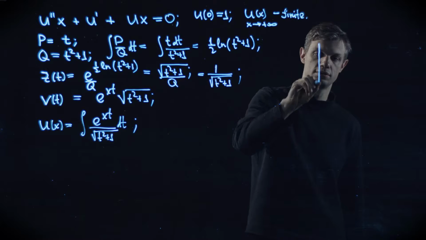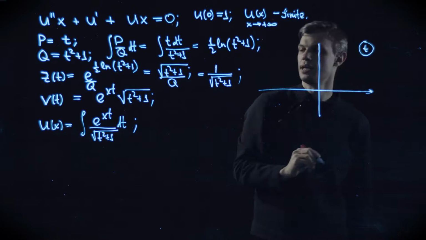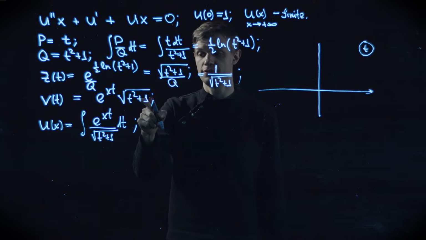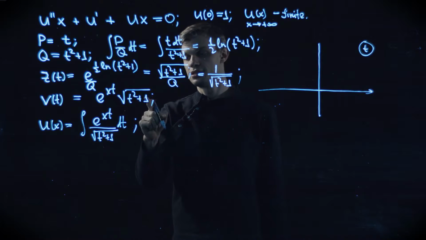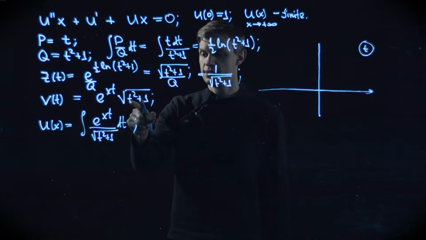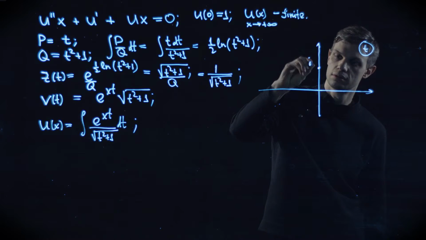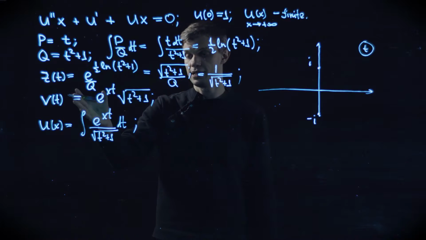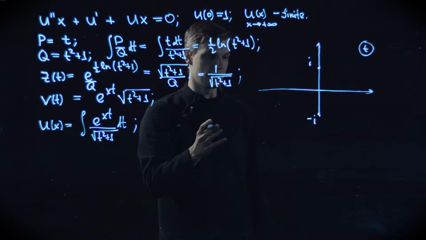So let's draw a complex plane. But what you've noticed is that our v function is in fact a multivalued function because it contains this square root. So it has two branch points, t is equal to i and minus i. And now, to define it completely, we need to draw a branch cut.